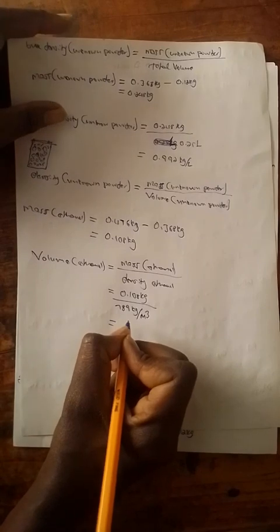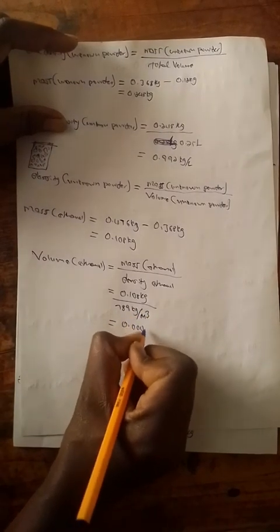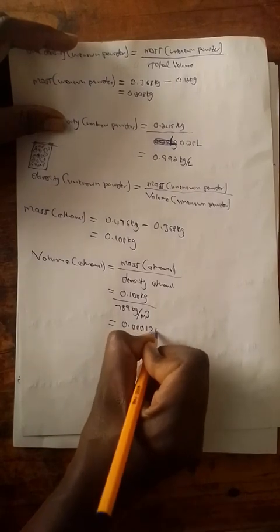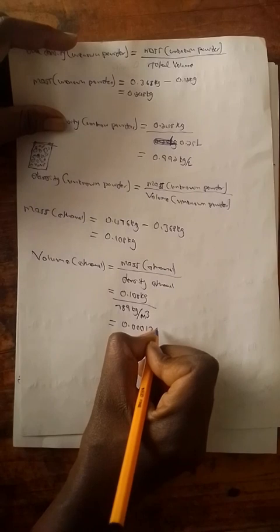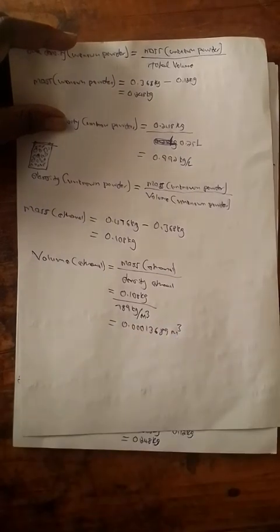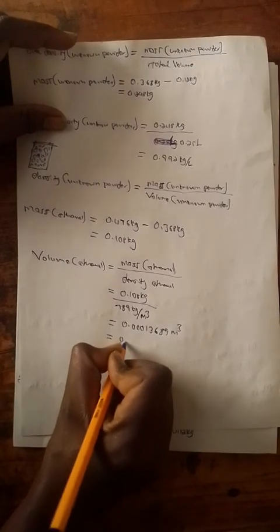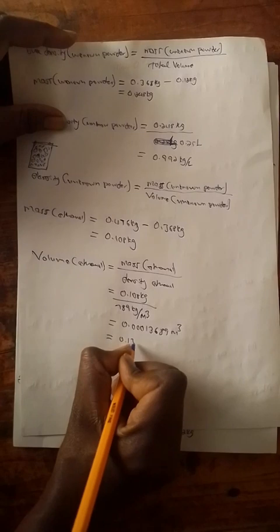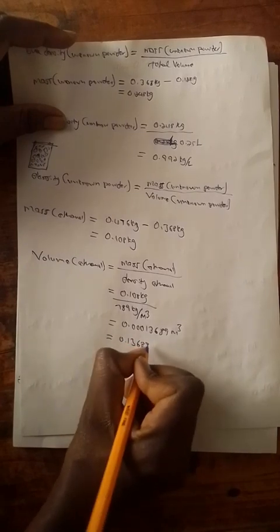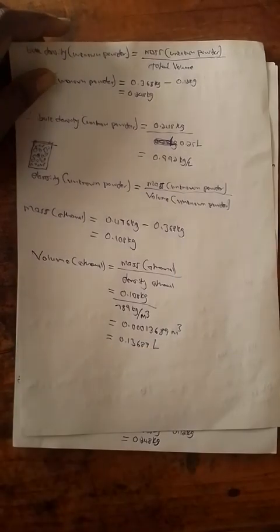And if you use your calculator, it's gonna give you 0.000013689 meters cubed, and this is equal to 0.13689 liters. So now we have the volume of ethanol.